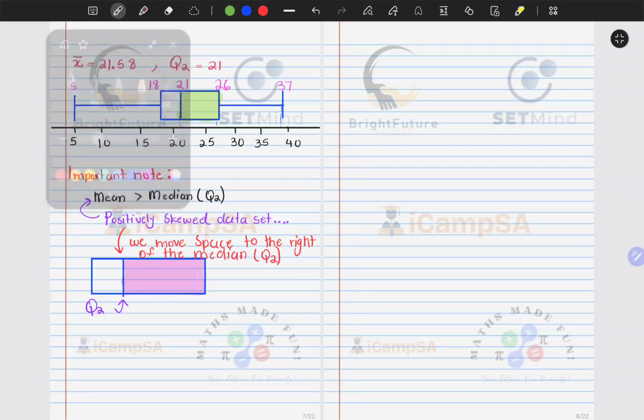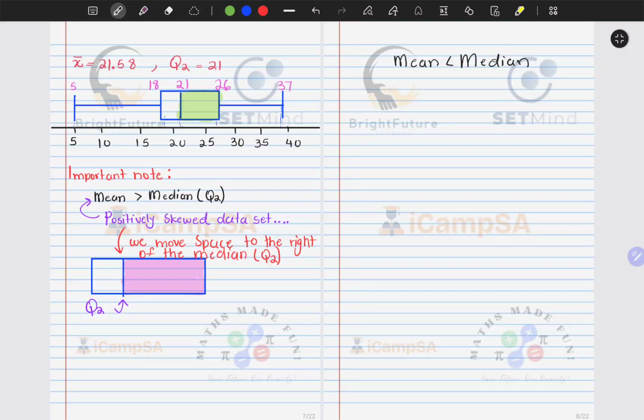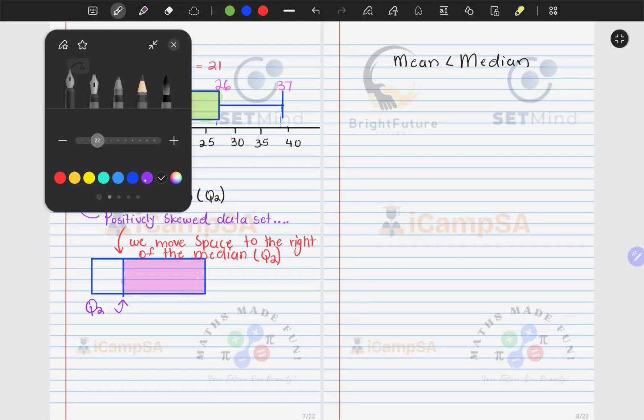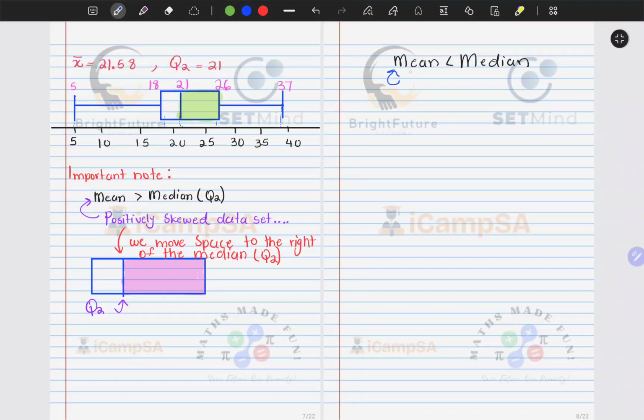And if ever your mean becomes less than your median, then what you will realize is that our data is negatively skewed.